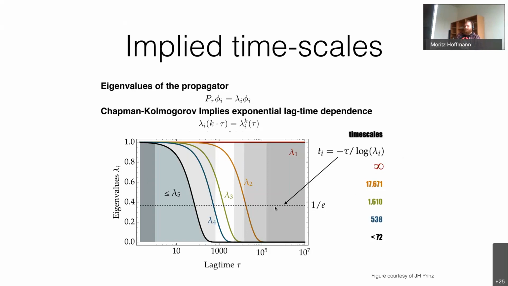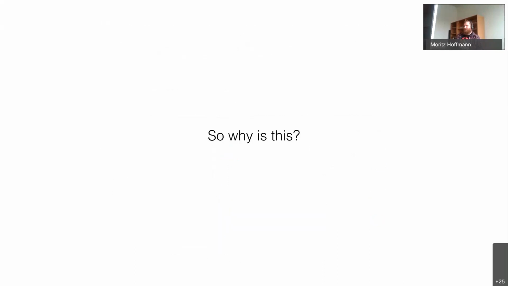And then there's this barrier, right? This dotted barrier that you can see here at 1 over e. This is when the lambda is exactly the lag time. So once we increase the lag time beyond, let's say 1000 here, we lose the process lambda 4. This is what you could see in this plot.